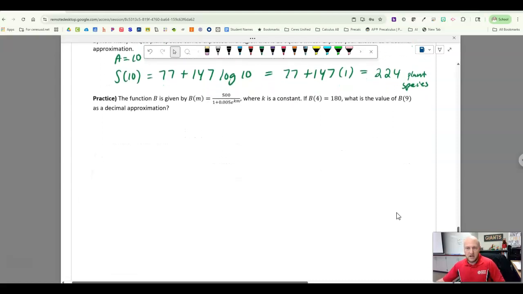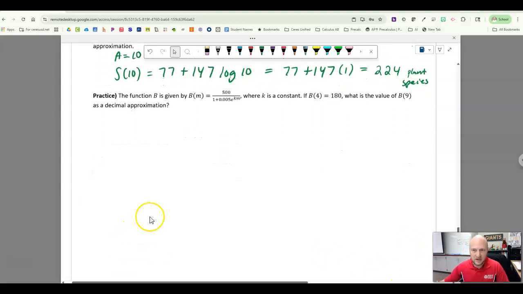Okay, next question. The function B is given by B of m equals 500 over 1 plus 0.005 e to the power of km, where k is a constant. They say if B of 4 is equal to 180, what is the value of B of 9 as a decimal approximation? Pretty tricky here. This is really like a two-step problem.